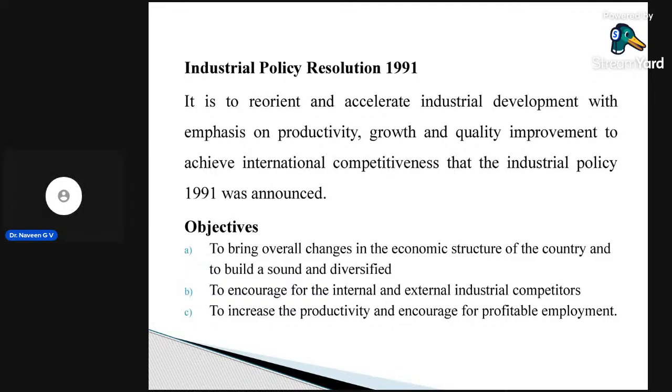From the examination point of view, you should be thorough. Not only referring to our study materials, you should refer to your own textbooks also. This is most important from the examination point of view. And another thing I want to tell you: go through the question paper and the scheme of the question paper.